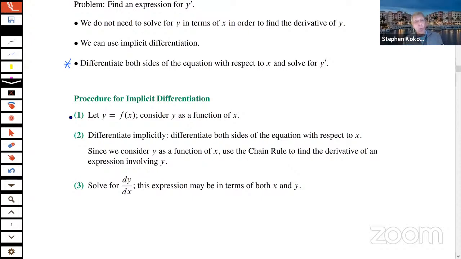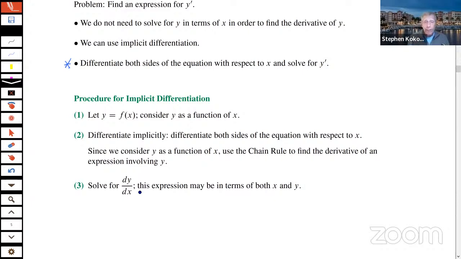So we have to think of y equal to f of x. We have to think of y as a function of x. And when we differentiate implicitly, we take the derivative of both sides of the equation with respect to x. So that means that we need to use the chain rule to find the derivative of any expression that involves y.